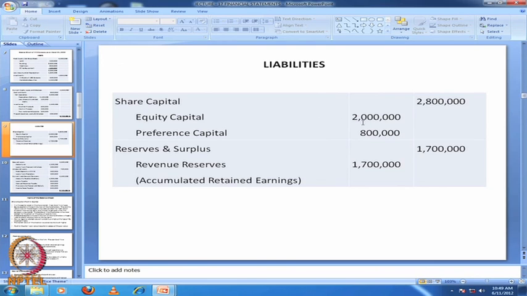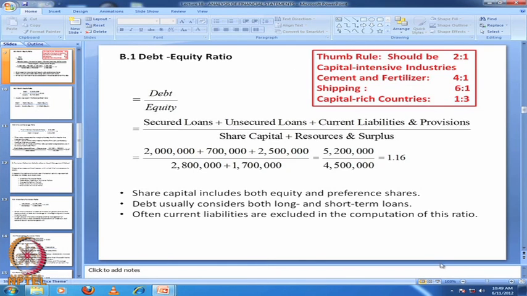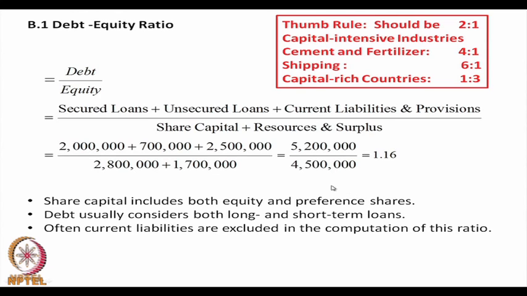Equity capital is 2 million, preference capital is 800,000, together it is 2,800,000, and reserves and surplus, in our case it was only accumulated retained earnings, there was no surplus, it came to 1,700,000. So, it is this that we are writing in the denominator. This is the total capital invested in the form of owner's equity.